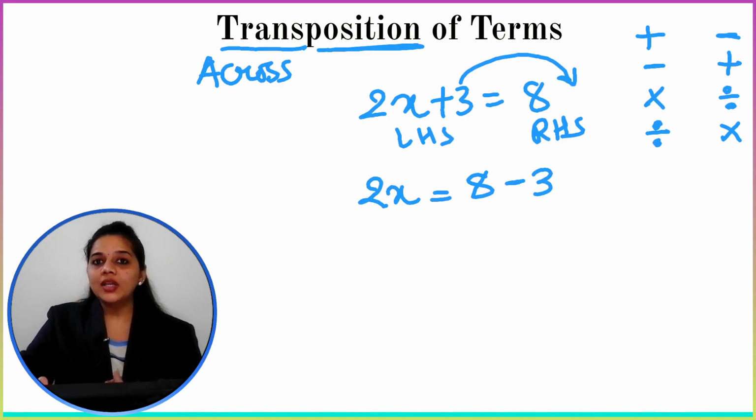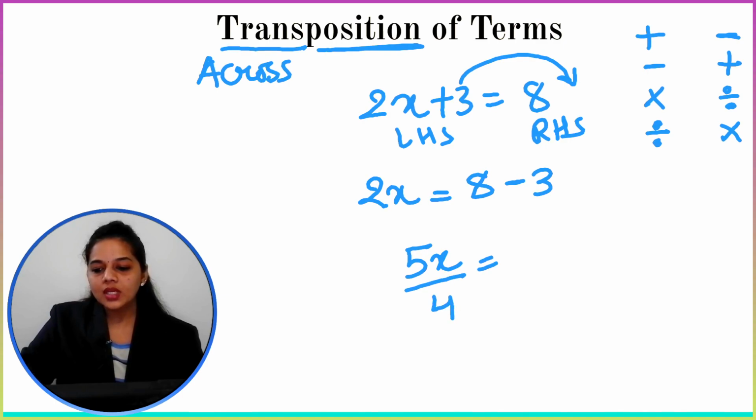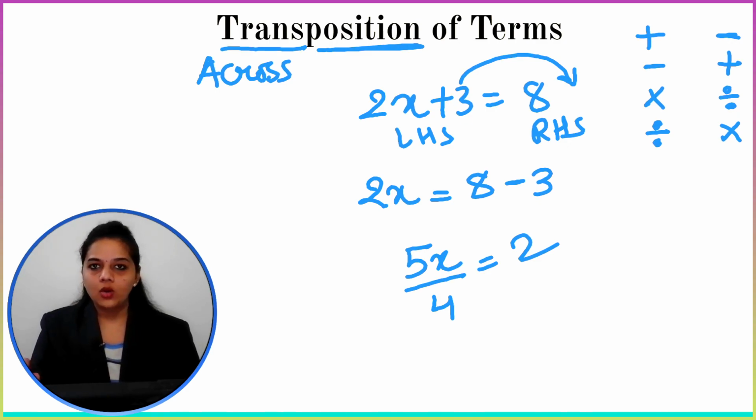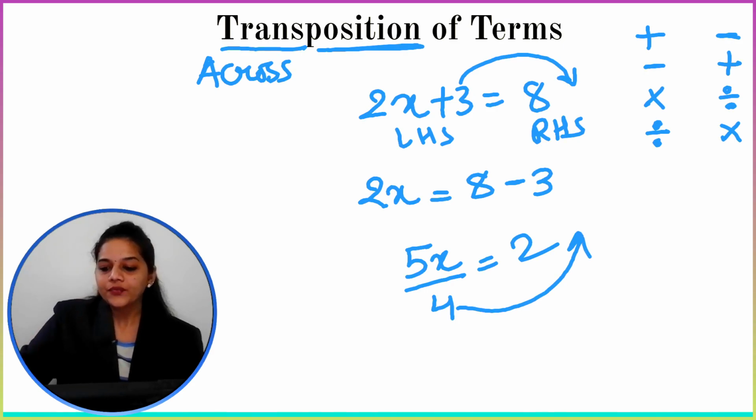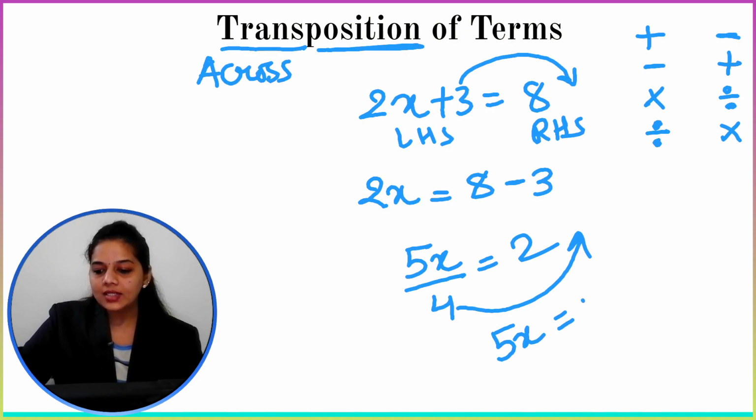Now let me give you one more example, that is 5x divided by 4 is equal to 2. Okay, now I am changing the position of 4 and taking it to the right hand side. So your equation will be 5x equals 2 multiplied by 4, because 4 is in division.